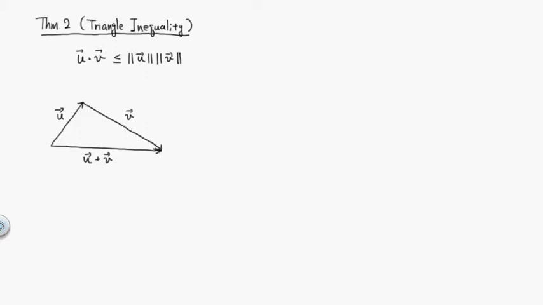So the regular triangle inequality gives us the norm of vector u plus the norm of vector v is greater than or equal to the norm of vector u plus vector v.